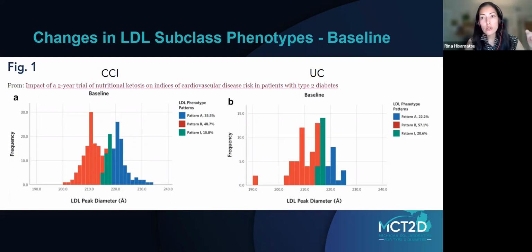This analysis looks at the changes in the LDL phenotype over the course of those 2 years, at baseline, 1 year and 2 years. I'm going to go slowly here, but if you take a look at the CCI arm on the left-hand side, you can see a change from phenotype B to phenotype A over the course of 2 years.